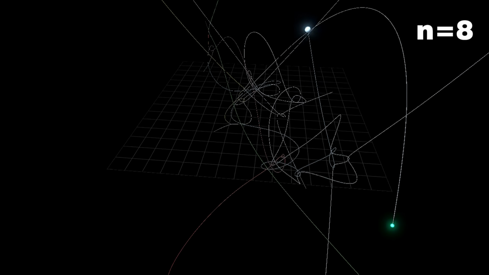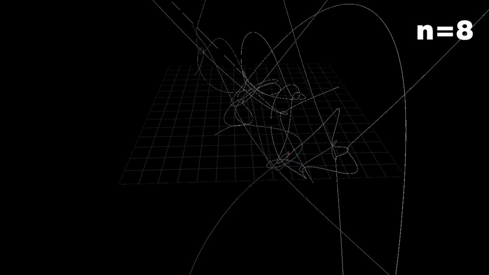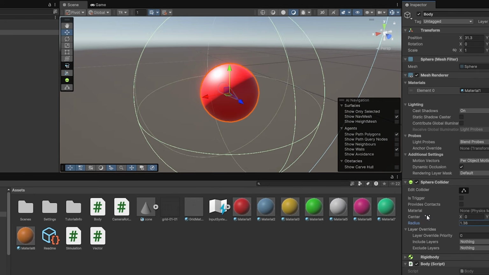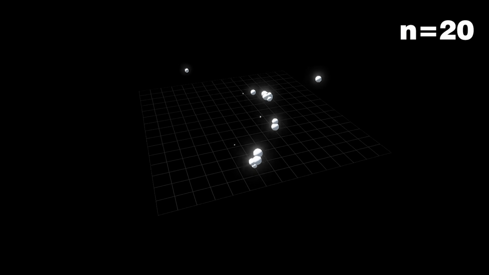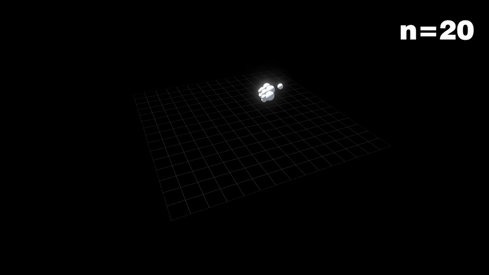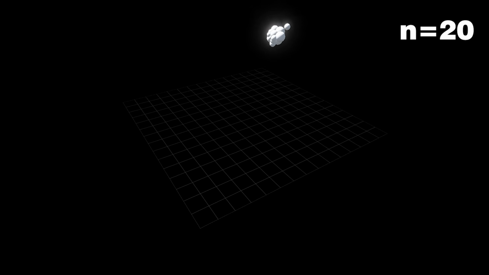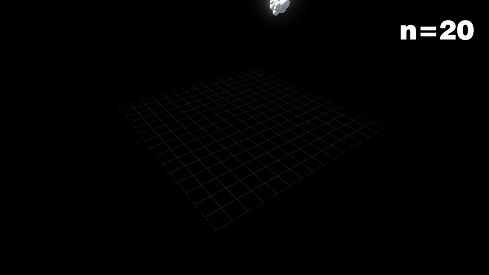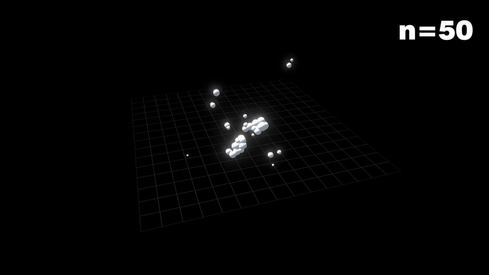You can see that bodies collide frequently. In my simulation, bodies don't have colliders and can go through each other. Let's fix it. To make them solid, I just used Unity sphere colliders. Now they can collide, stick together and form larger bodies from each other. By increasing the number of bodies, they start to look more like particles.